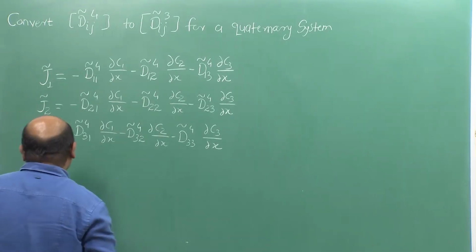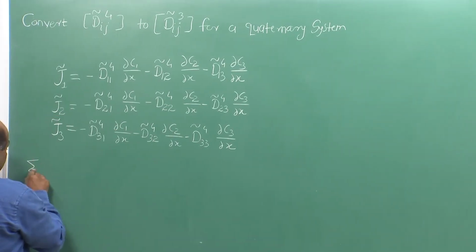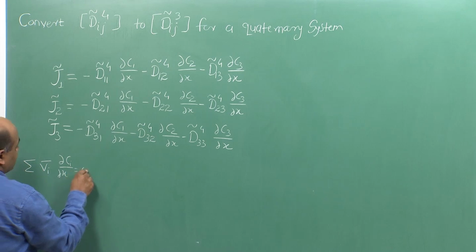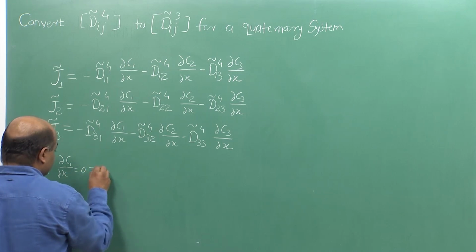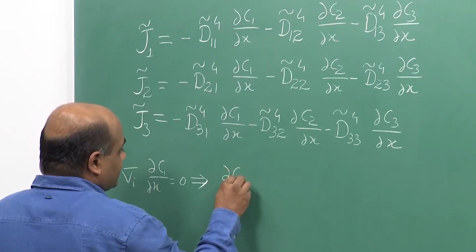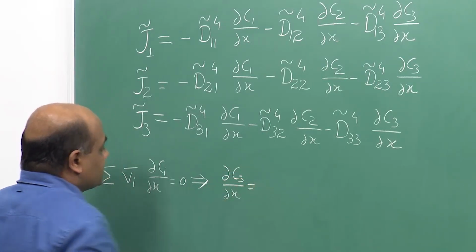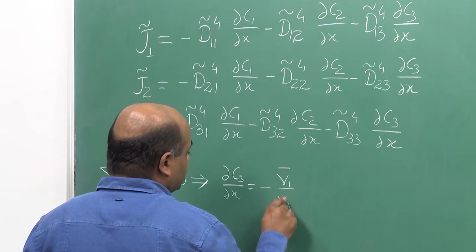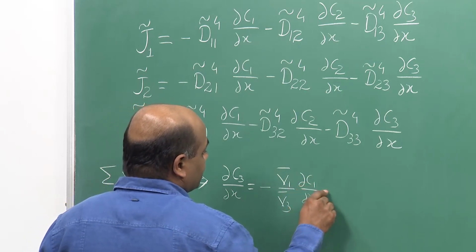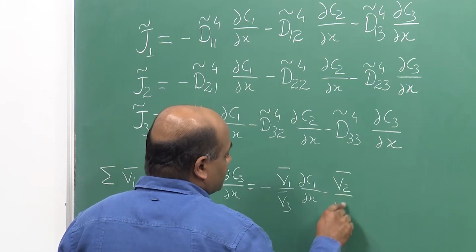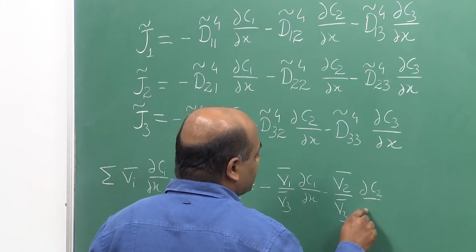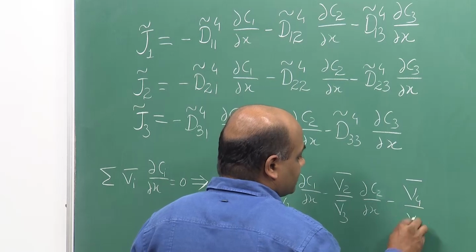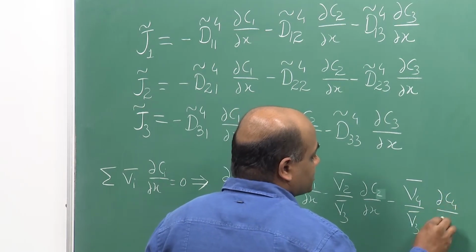To get rid of the concentration gradient of 3, we can use the constraint sigma Vi bar dou Ci by dou x equal to 0, which will yield dou C3 by dou x is equal to minus V1 bar over V3 bar dou C1 by dou x minus V2 bar over V3 bar dou C2 by dou x minus V4 bar over V3 bar dou C4 by dou x.